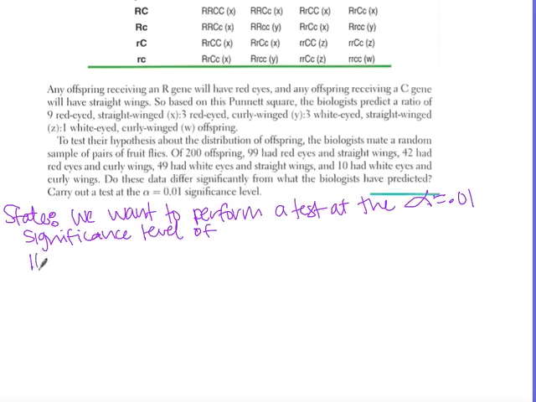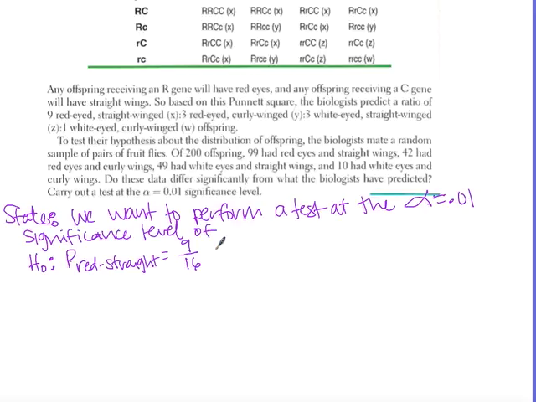Of the null hypothesis, when the probability of red-eyed straight-winged equals 9 out of 16.